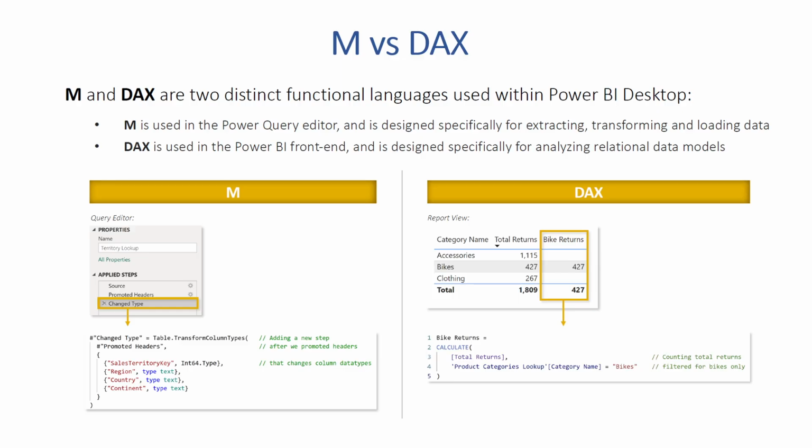DAX is used for the front end and designed especially to analyze the relational data model. So how do they look? M code looks like this. This is the code of the M language, and on the other hand, this is the DAX code. So there is M code and DAX code.